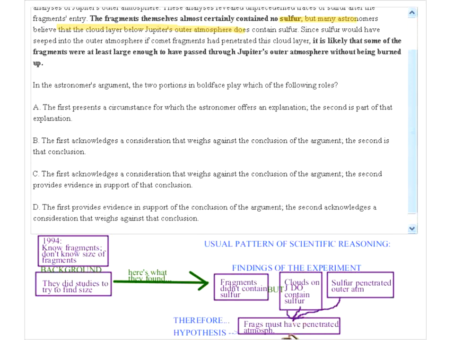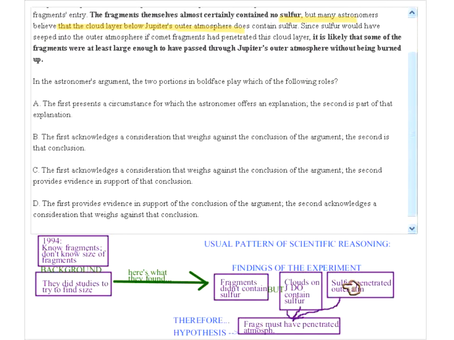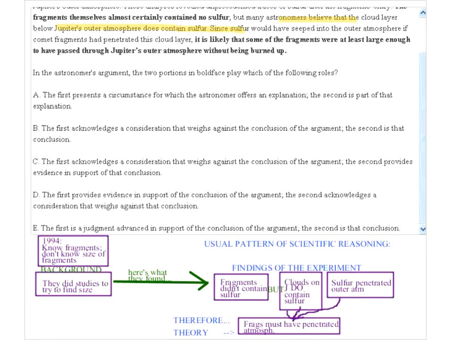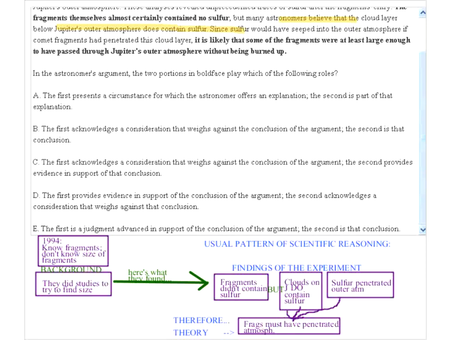It doesn't make sense to say, here's their hypothesis, therefore, here's what they found. That's not how scientific experiments work. You don't make a hypothesis before you see any data. A theory. You don't come up with your explanation before you've seen anything. You can call it a hypothesis, you can call it a theory, same sort of thing. But it's based on what they saw. Let me move that up and write that.